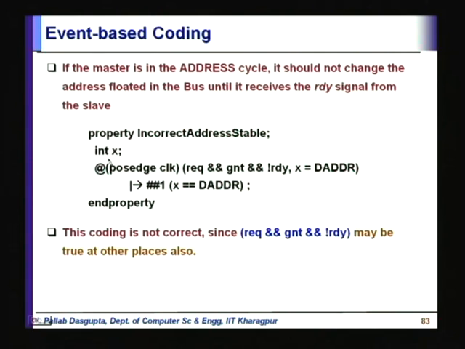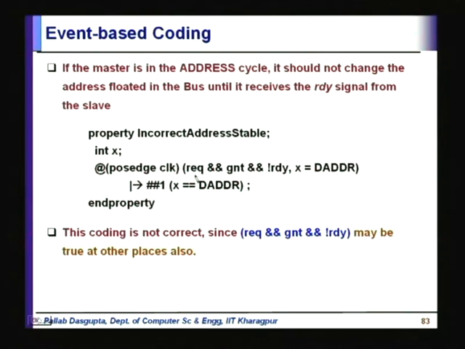Now, suppose we write it like this. So, I have already indicated that this property is not correct. So, incorrect address table. Now, let us see what we write here. We are writing int x. So, here we are using a local variable.